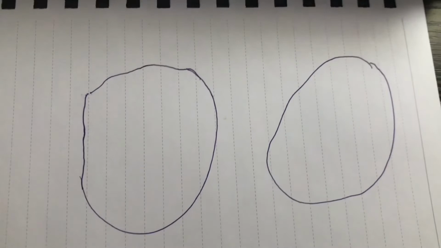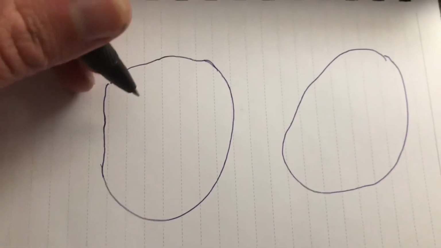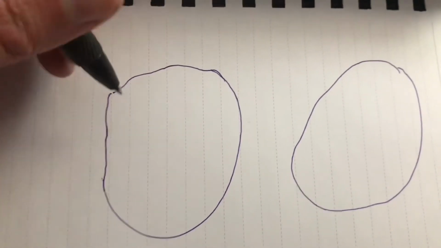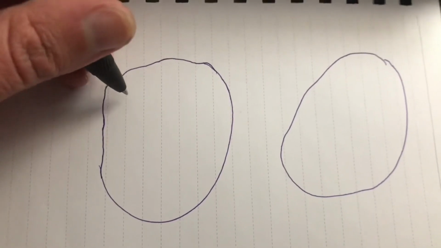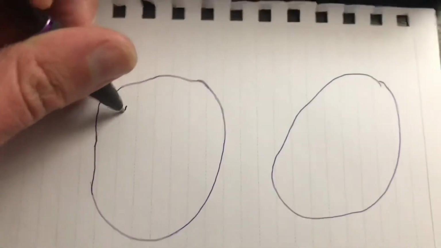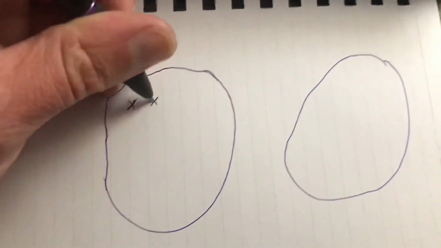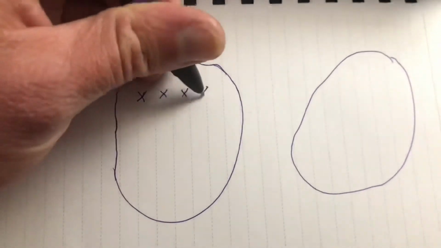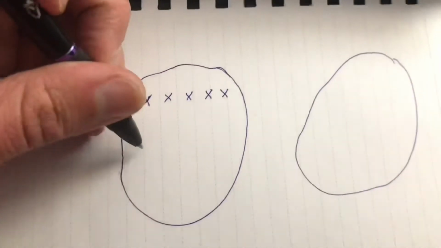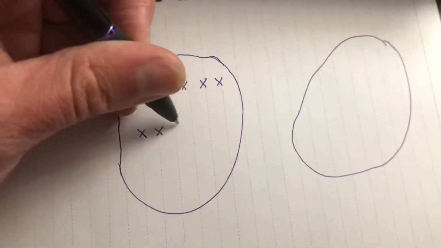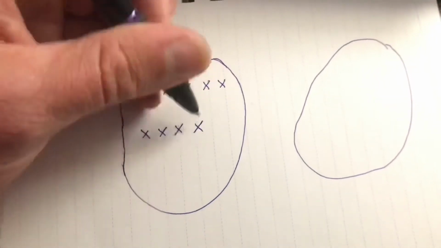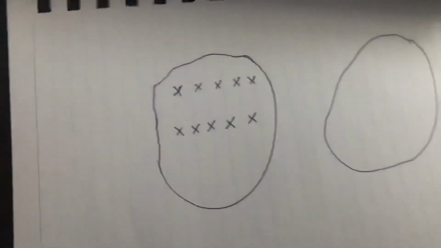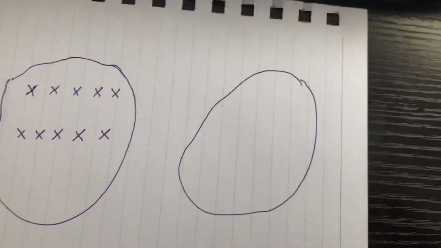Excuse my sloppy handwriting here. Now I'm going to make 10 X's in each circle. What I would recommend doing so the X's don't bunch up, make them in rows of 5. Alright, so I have one group of 10.